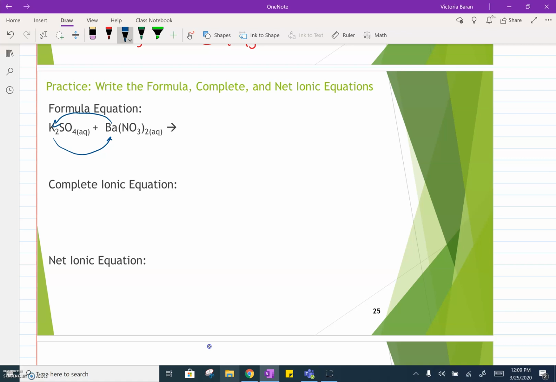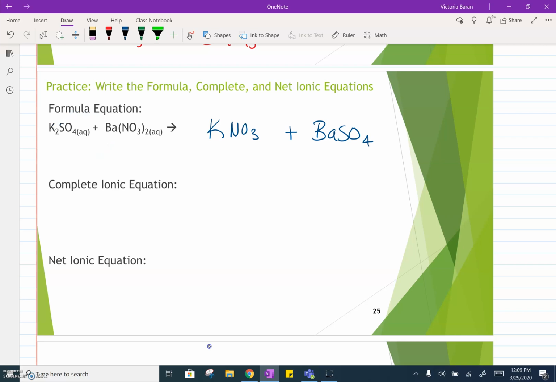So I'm going to switch the K and the Ba, the first element in either compound, with each other. And I'm going to start by writing what elements are with each other now. So the K is going to be with NO3, and the Ba is going to be with SO4.